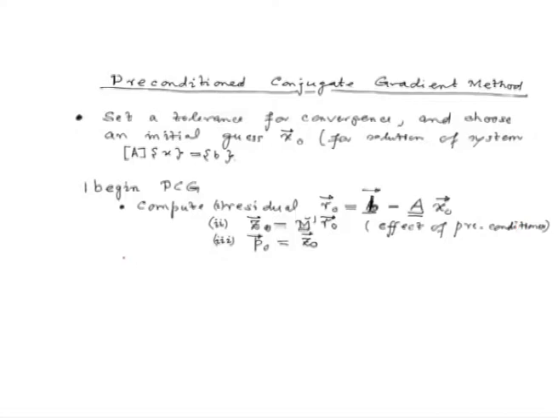Now, next we will start our iteration process. So, let us see for j is equal to 1, 2 and so on until convergence. We have to repeat a certain set of statements.